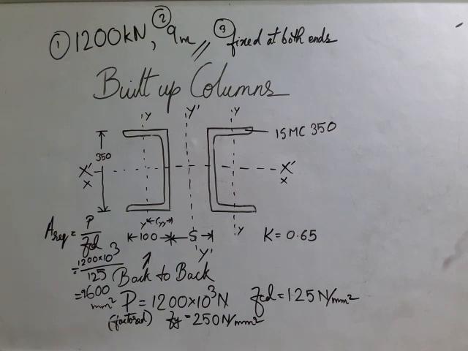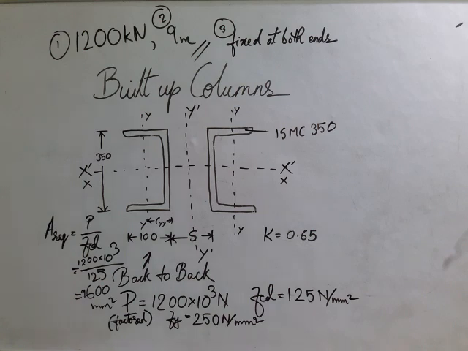Now for this area required, we have to look into the steel table and find a section which has a higher area than 9600 mm square.